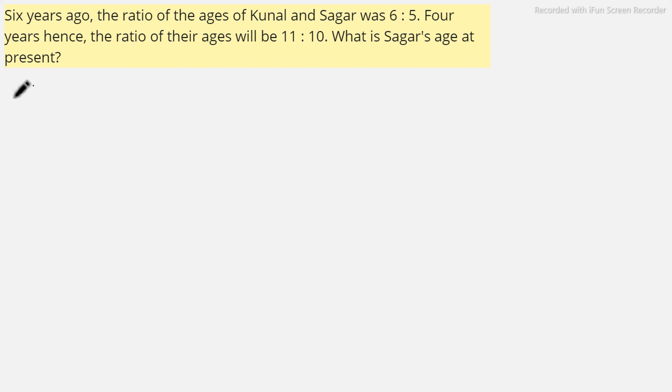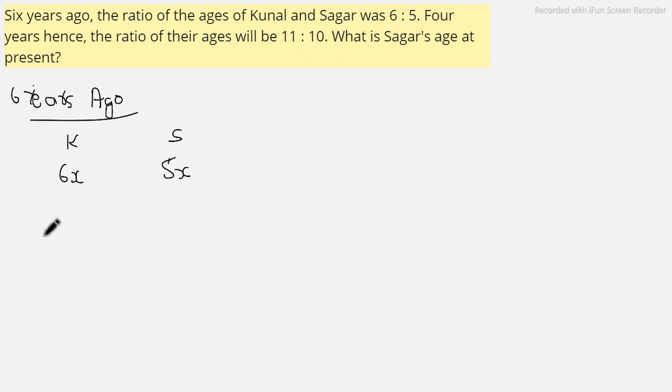So we'll assume 6 years ago the ages of Kunal and Sagar are in the ratio 6:5, so that is 6x and 5x. These are the ages 6 years ago. Now 4 years hence, the ratio of their ages will be 11:10.